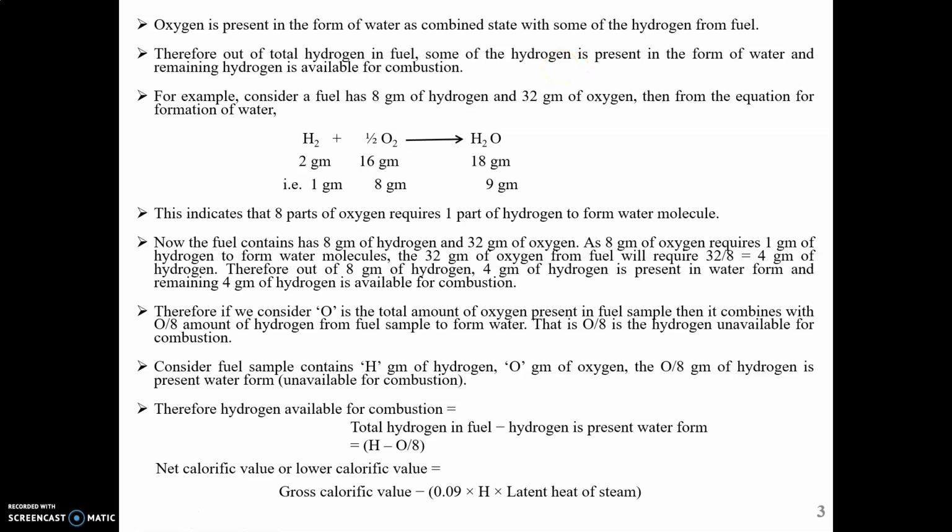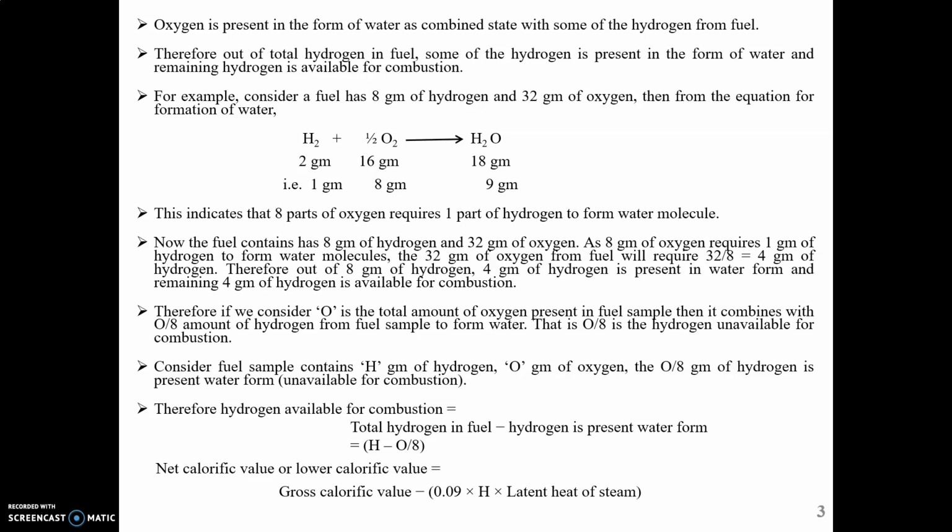Therefore, out of total hydrogen in fuel sample, some hydrogen is present in the form of water with oxygen, and the remaining hydrogen is available for combustion. In order to understand this concept, we can consider one example.